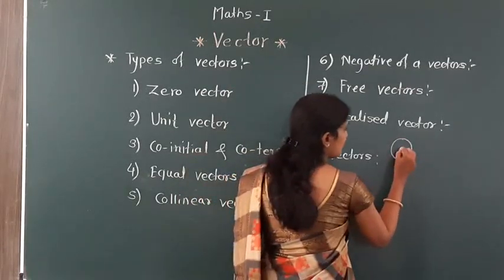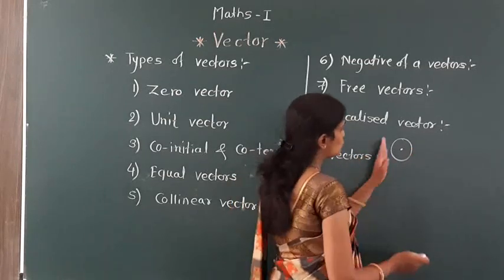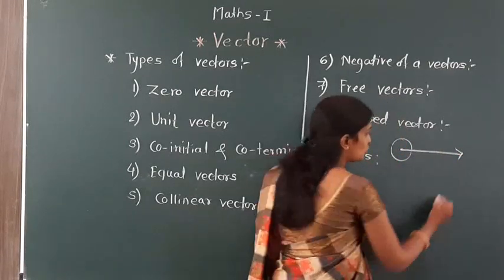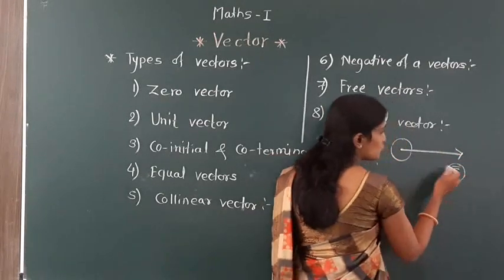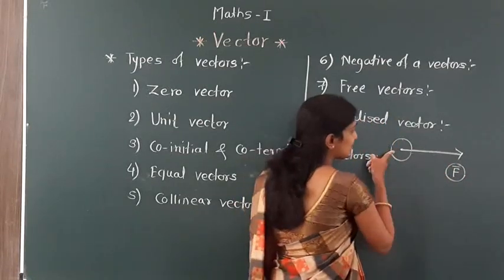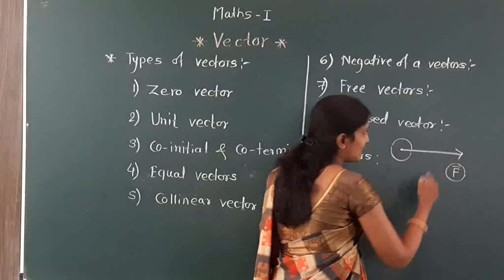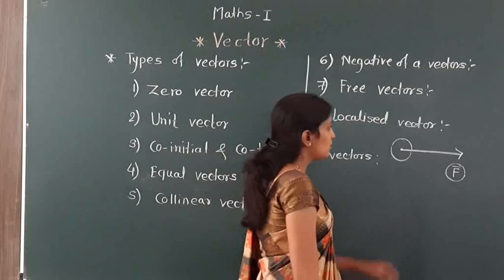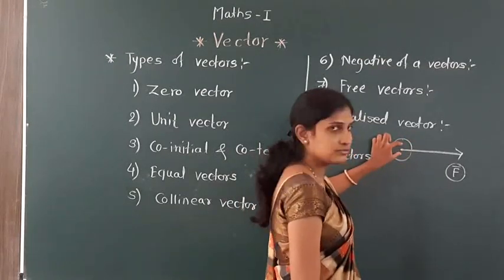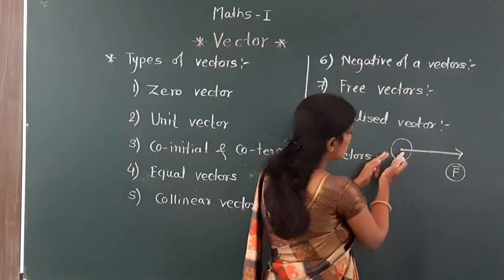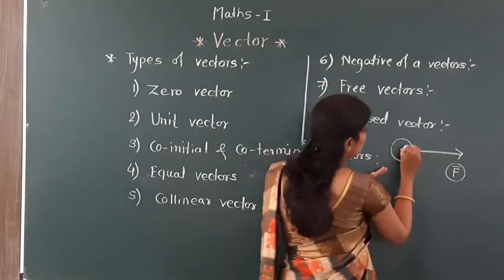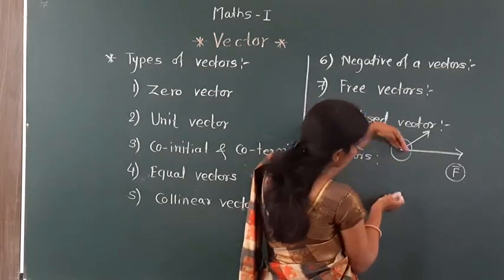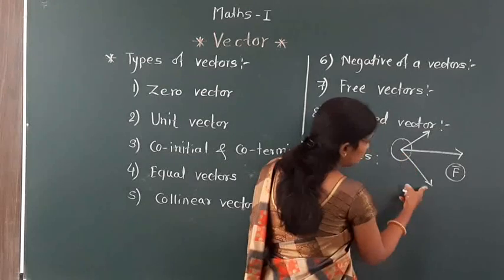That force which we apply on the car is its line of action, its direction, and that is called a localized vector. If we give the force from this direction, it goes in this direction.